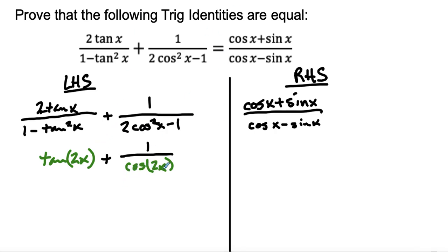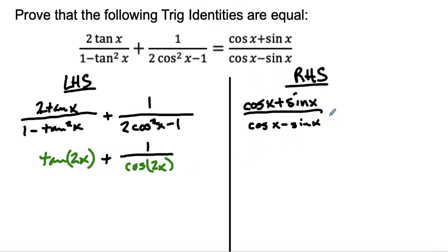Now, when I look at this one, because I know that cosine 2x has, well, there's 3 different ways to write it, which are based on the Pythagorean identities, and the one in this case being sine squared x plus cosine squared x equals 1, you could also write it as cosine squared x minus sine squared x. So if I can get that in the denominator, well, I'm getting really close to solving this, because then I'll have the left-hand side and the right-hand side both with the denominator, or at least partially on the left-hand side, of cosine 2x.